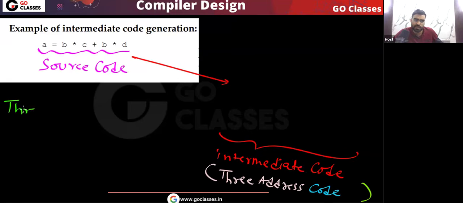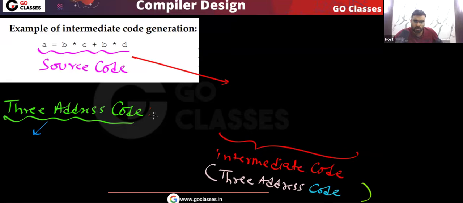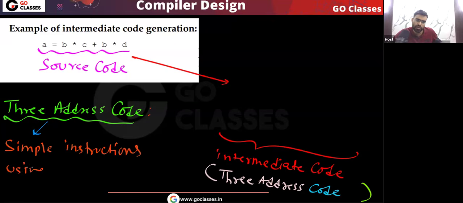What does that mean? Let me just tell you a quick idea. In the 3 address code, instructions are very simple and they will use at most 3 addresses. Simple instructions using at most 3 operands.